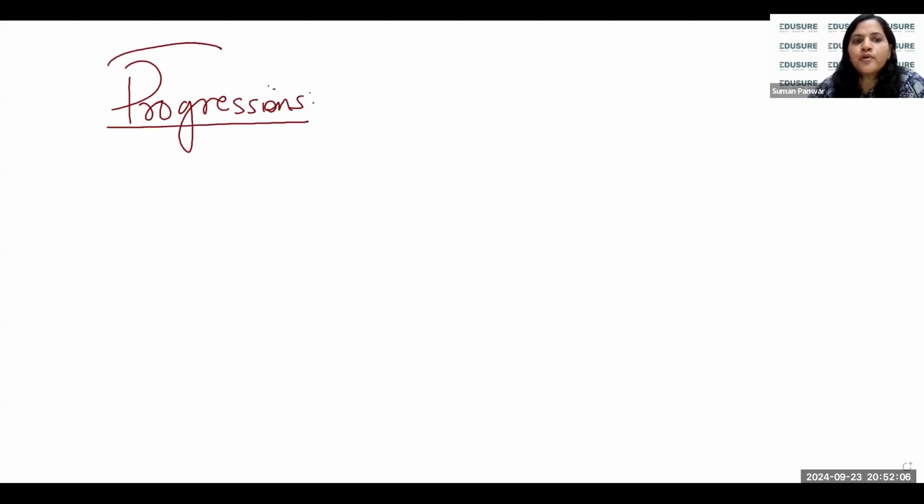So what are progressions? If you see the word progress here, by progressions we mean that we have a particular sequence of numbers which is progressing in a certain way.